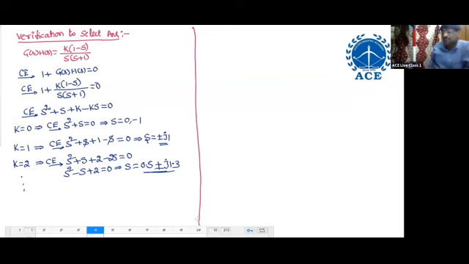I'll take the 4 problems and solve 1 of them. I want you to become perfect in identifying which diagram you have to draw, either direct root locus or inverse root locus. For that, I'll take 4 examples.